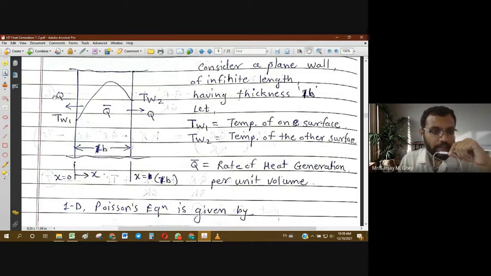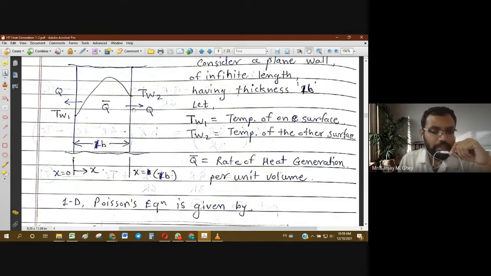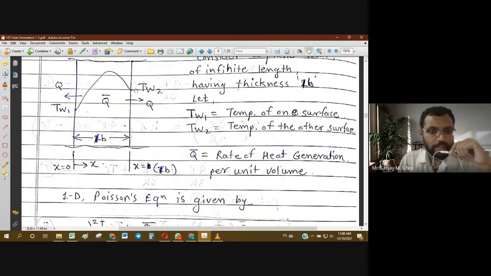Some heat will flow in this direction and some in that direction, that is, to the left side and right side. This distribution will not be equal. Let us say this is q1 and this is q2. The sum of q1 and q2 will equal Q bar, the total heat generation, and the values of q1 and q2 will not be equal because the temperatures are different.